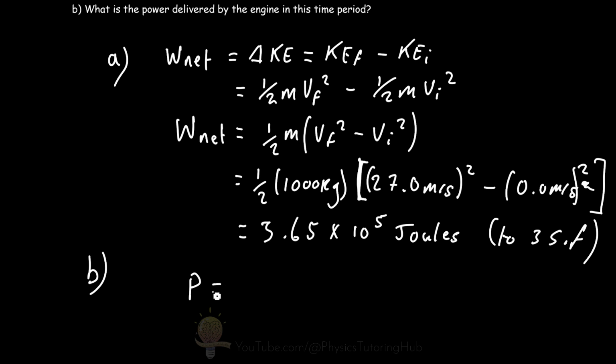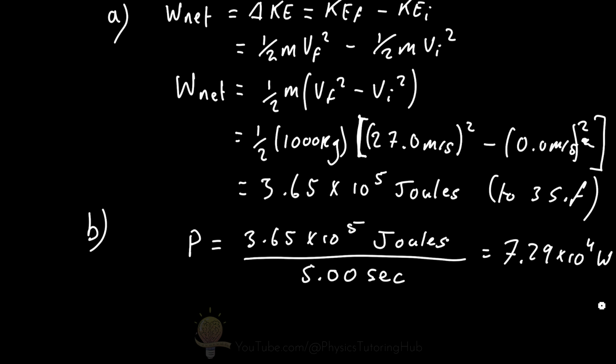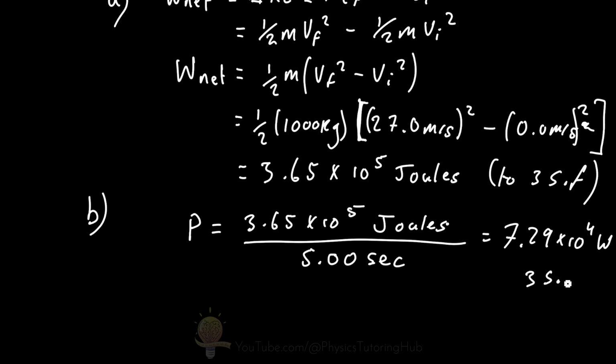So power is equal to the net work done on the car, 3.65 times 10 to the 5 joules, divided by this 5 seconds. And that is equal to 7.29 times 10 to the 4 watts, to 3 significant figures, or 72.9 kilowatts of power.